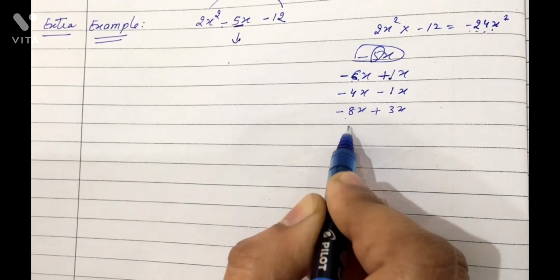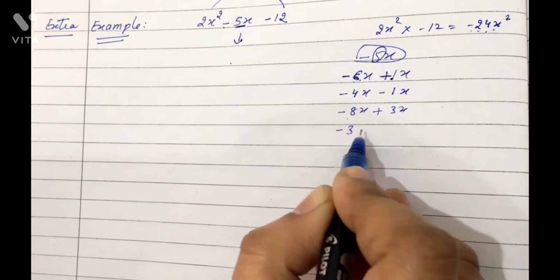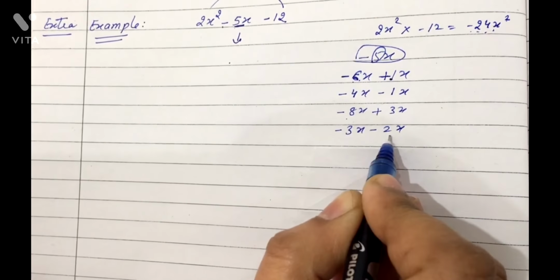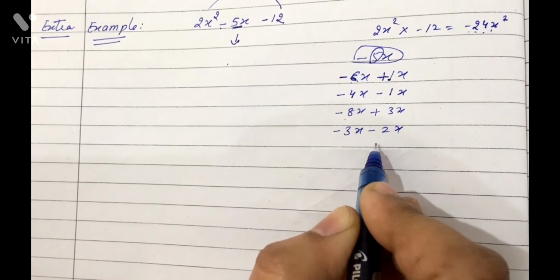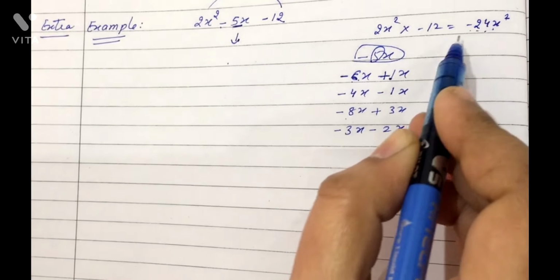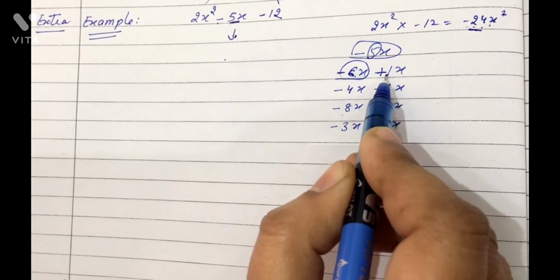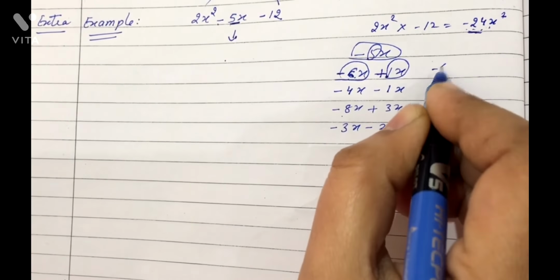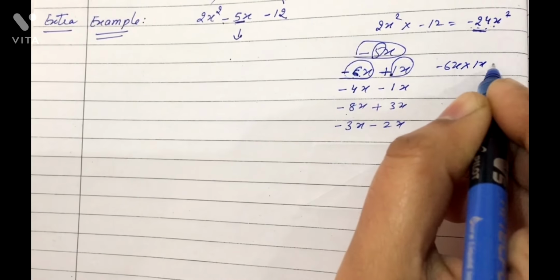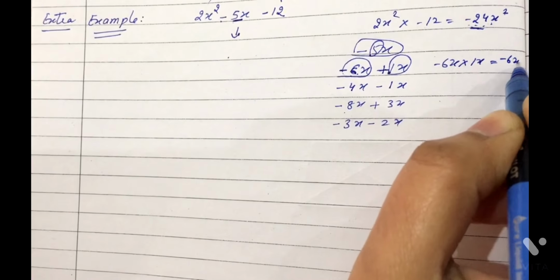Like this we can make more combinations, like minus 3x minus 2x also gives you minus 5x. You can see more combinations also, but the product must be this one. Minus 6x into 1x gives you the product minus 6x square.